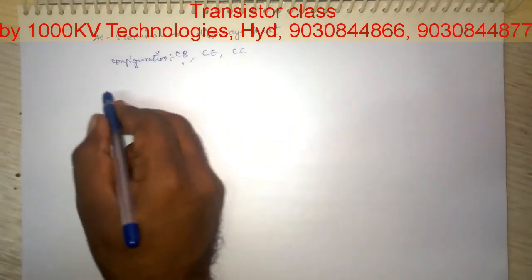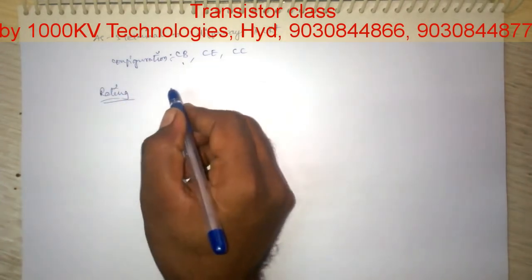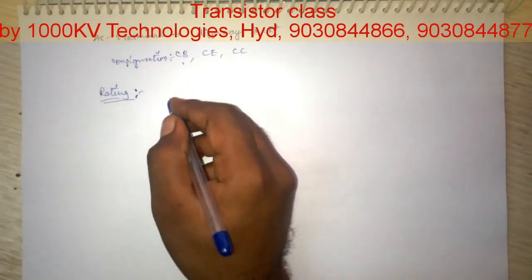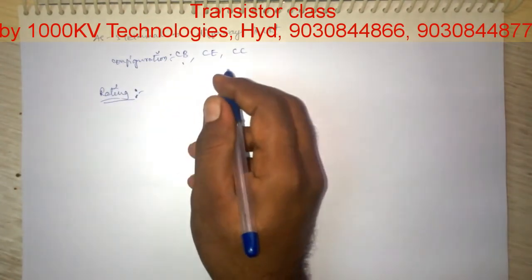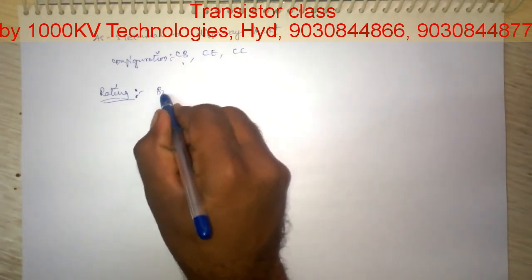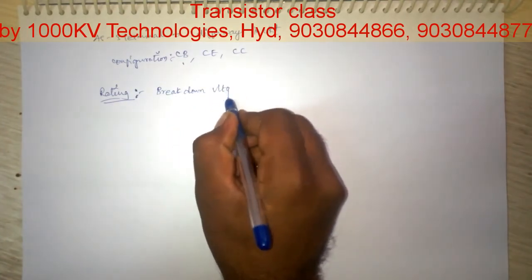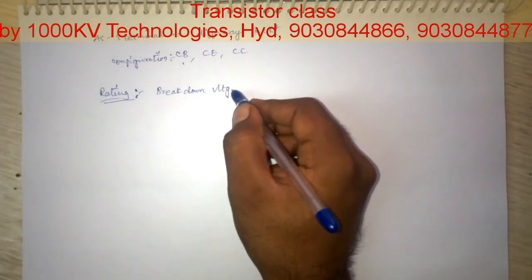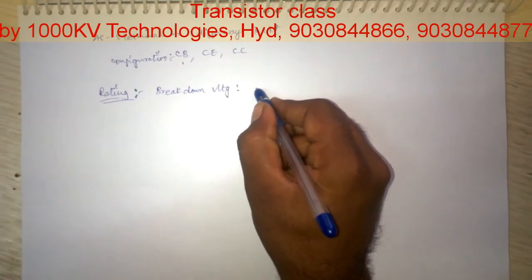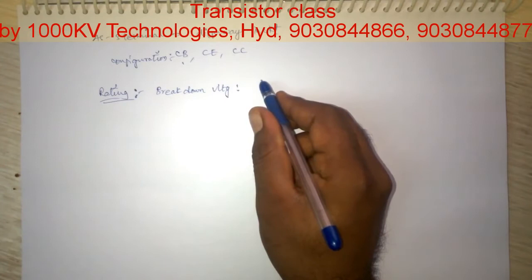And coming to the next, the ratings of this transistor. It has some special voltage ratings: breakdown voltage, maximum voltage, reverse voltage. Basically, breakdown voltage is the first one. This is the maximum voltage a transistor can handle for each of its three junctions.